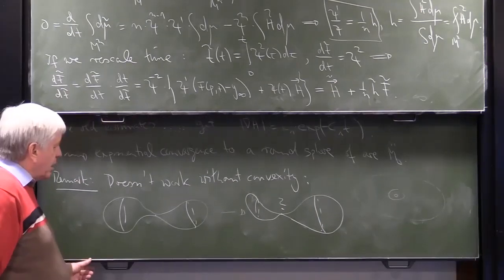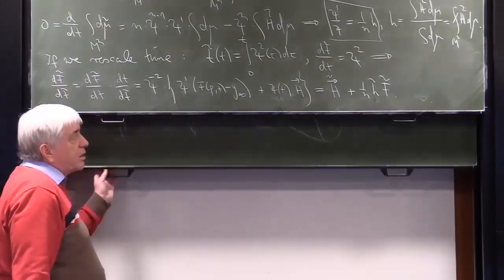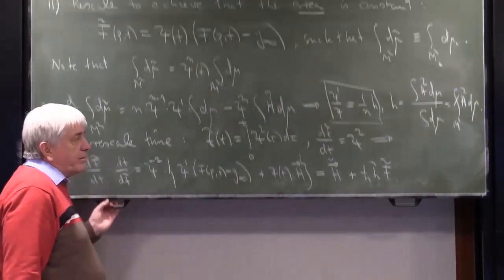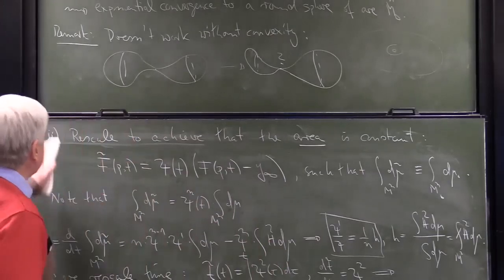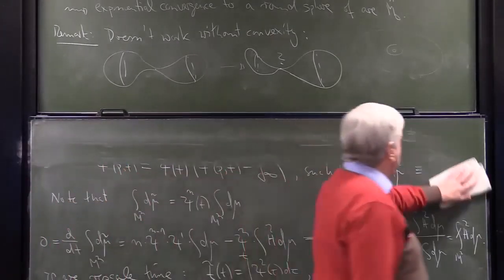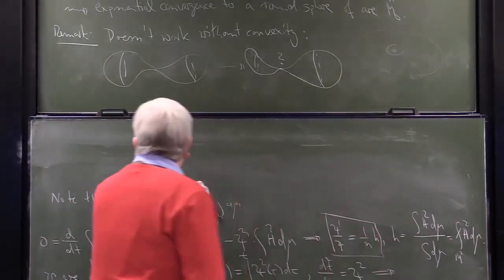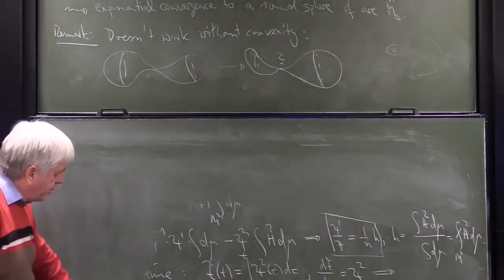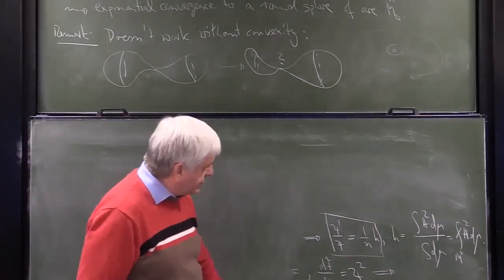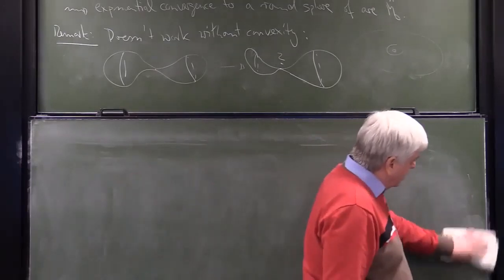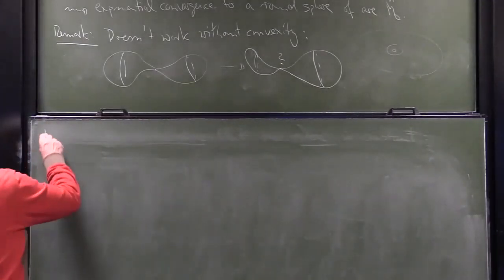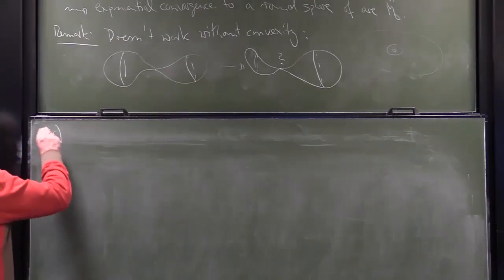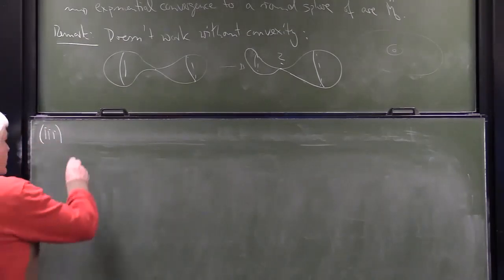So both methods of rescaling are somewhat restricted. The most powerful way to rescale the singularity is the following one, because it can be generalized to many other situations. And the idea is to rescale in such a way that mean curvature flow remains mean curvature flow.